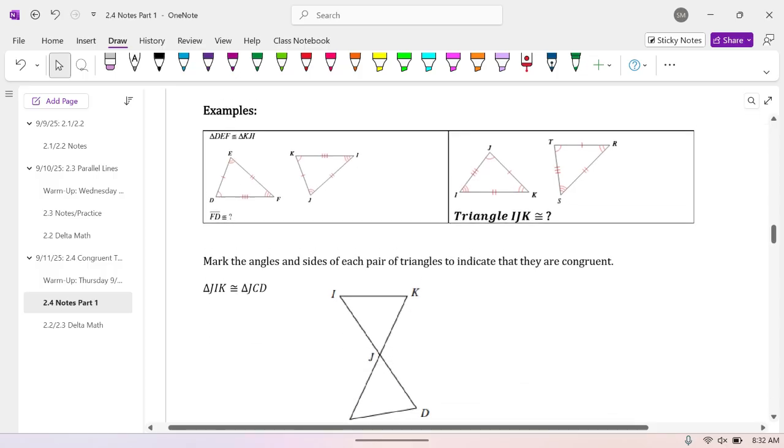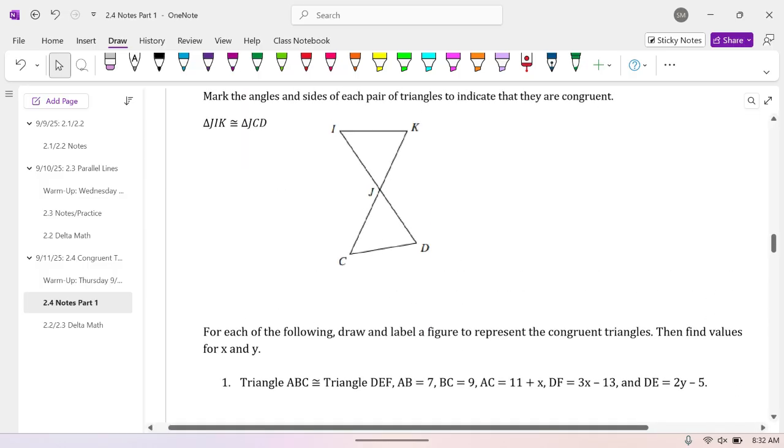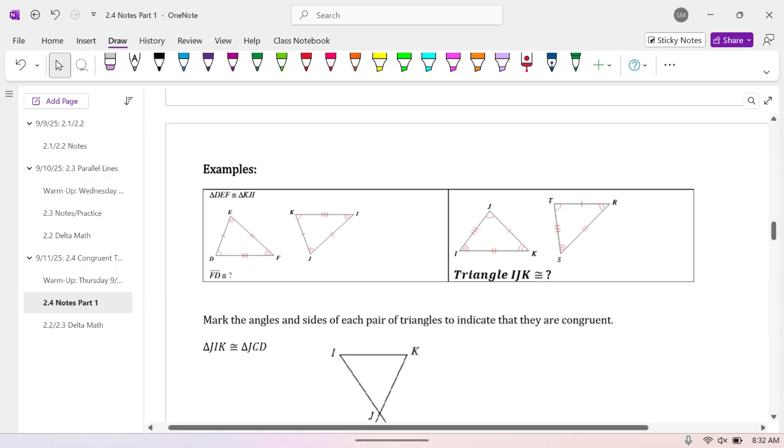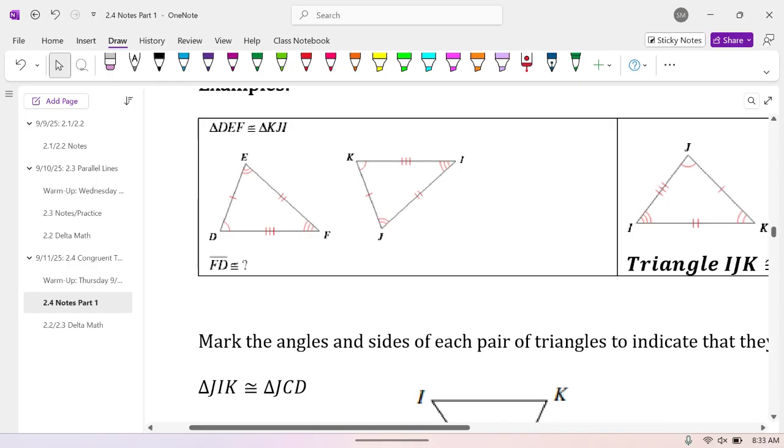Now, let's actually talk about the different types. All right. So, for example, here, it's just trying to find the corresponding part. So, what would be the corresponding part to line FD?